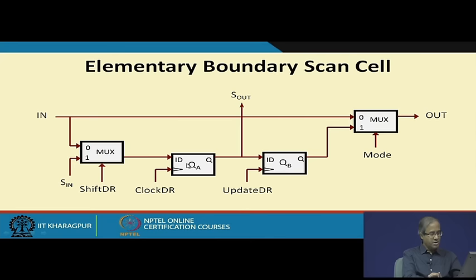So, you can copy the data here, retain this, and during that time you can shift something here. So, some changes are going on in this flip flop, but the second flip flop and here this out will not change. Okay, so, roughly this is how the boundary scan cell looks like.